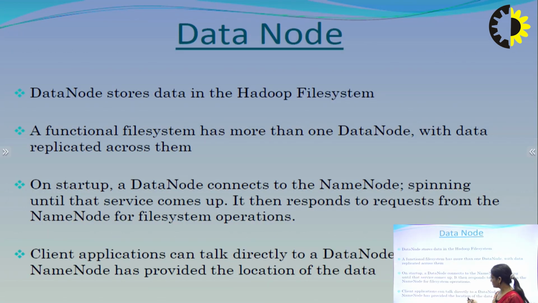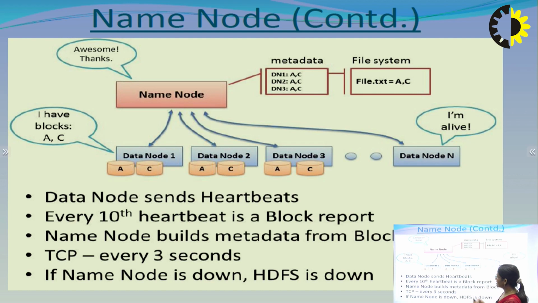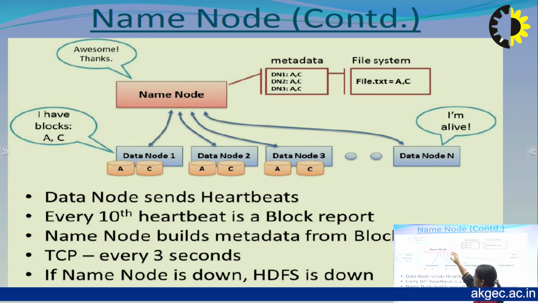In this case, when the client sends any request, it has to send it to the name node, and the name node looks at the metadata, the information that the client needs, and then the client is redirected to the data node. That means the client can communicate directly with the data node.